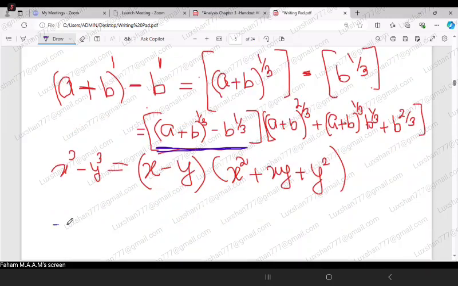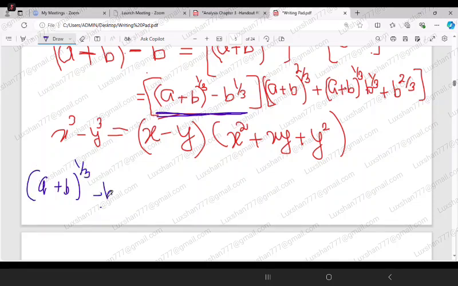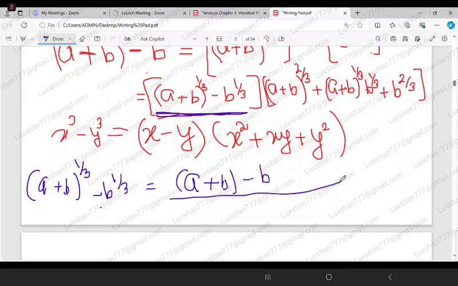So for that one, you can put a plus b minus b. So let me write it this way. From this one, you can write (a plus b) to the power 1/3 minus b to the power 1/3 is equal to (a plus b minus b) over this part.